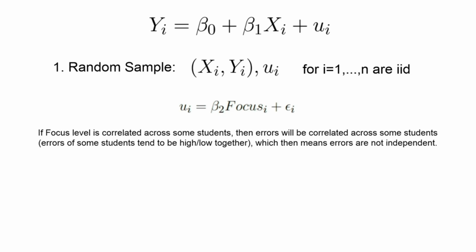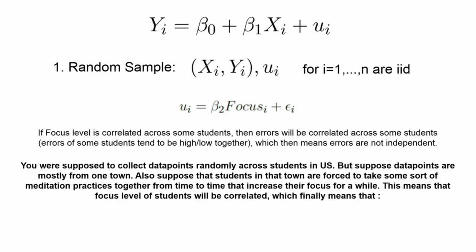I'll give you a made-up example. You were supposed to collect data points randomly across students in the US. But suppose data points are mostly from one town. Also suppose that students in that town are forced to take some sort of meditation practices together from time to time that increase their focus for a while.